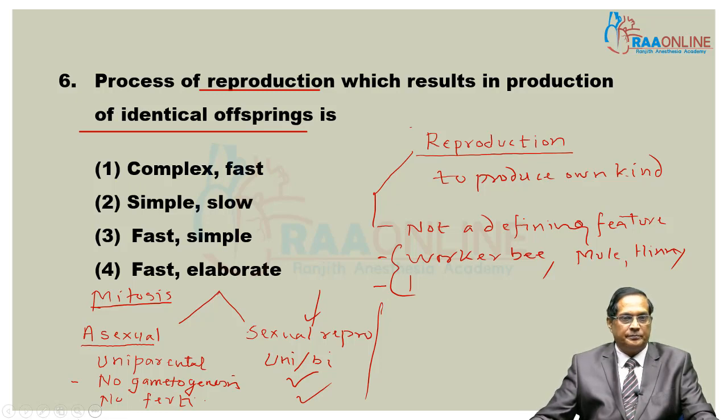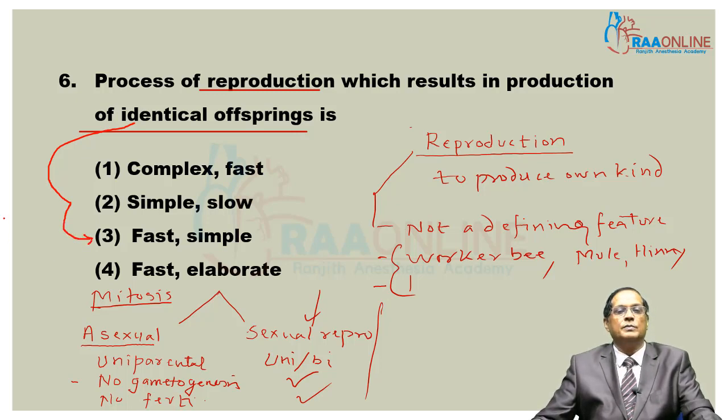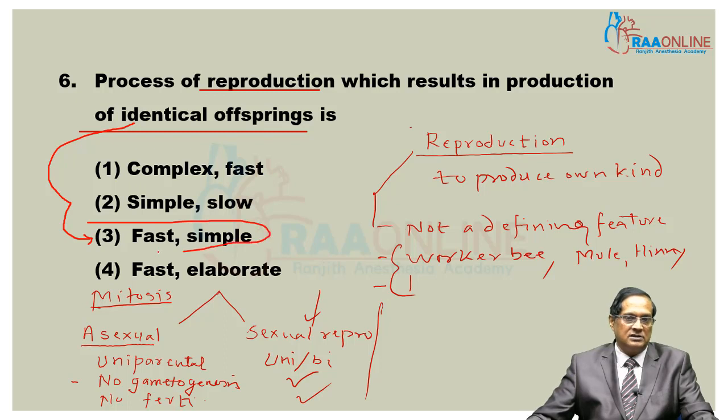The process of reproduction which results in the production of identical progeny means the question is related to asexual reproduction, then answer is fast and simple. Faster mode and simpler mode. Sexual reproduction is slow and complex. So question number 6, answer is 3, faster and simple mode.